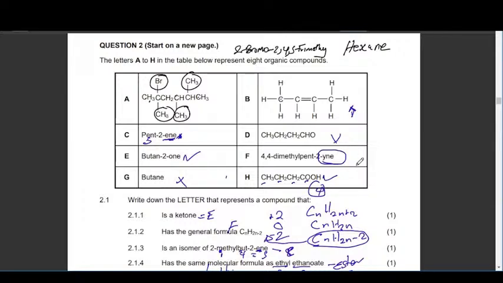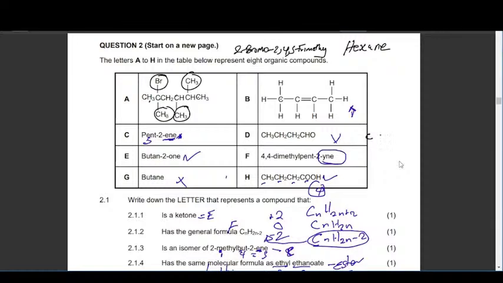Members, make sure that you write the structure formula, because some people just write it and then some bonds are not shown. You end up losing everything there.